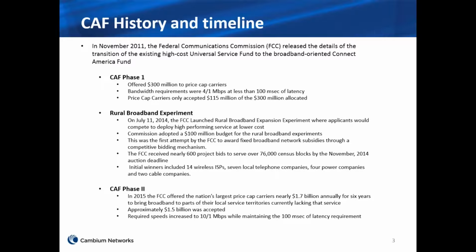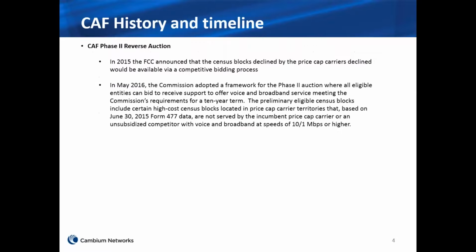They told the price cap carriers that if you don't bid on the census blocks in your area on a per state basis, they were going to put them up for a reverse auction process to carriers who would serve them. Once again, drawing from the experience of the rural broadband experiment, they found that carriers were lining up to be able to serve these local areas.